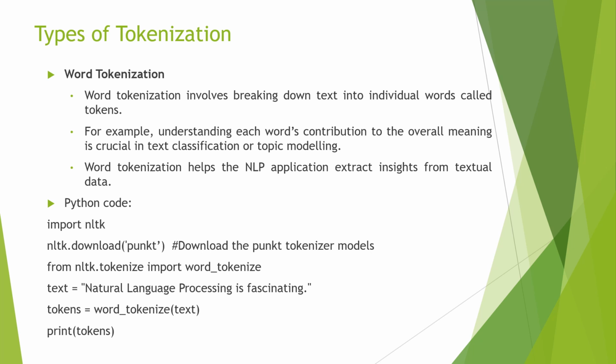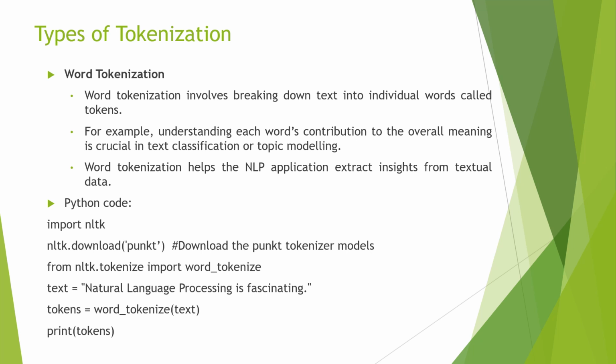These are called tokens. This process helps the system to understand each word's meaning and structure in text classification tasks, sentiment analysis, or other topic modeling tasks. So word tokenization helps the NLP system to extract insights from data.